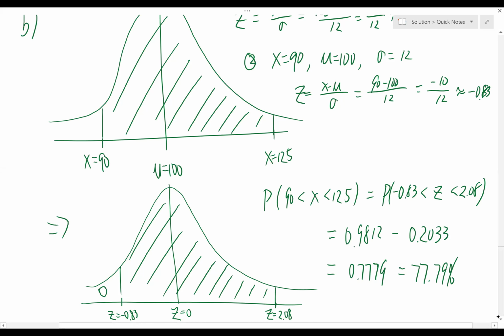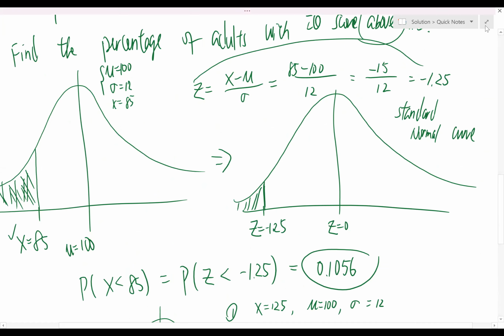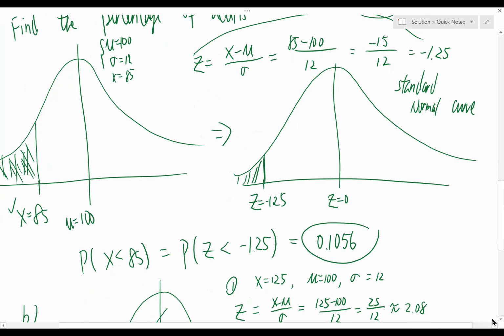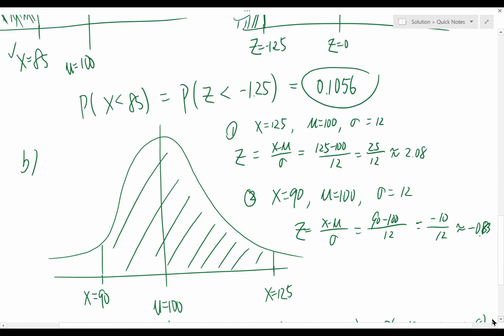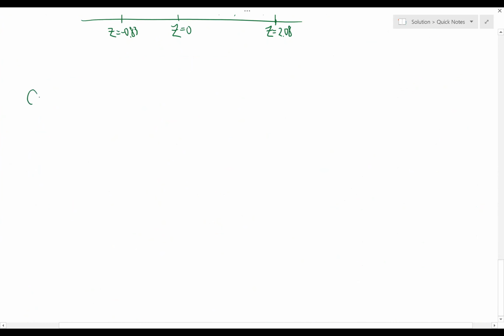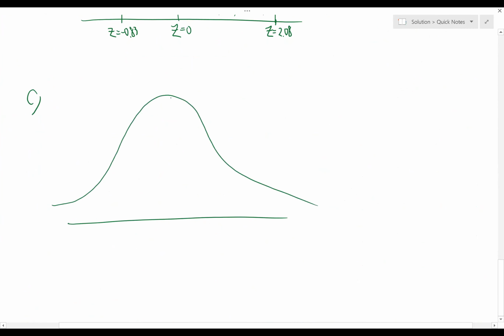Okay, and then the next one is about IQ above 115. So now you're looking for the area to the right. Let's look at it quickly. Draw the bell curve, with mean 100 in the middle. Now the IQ score is 115, and it's above 115, meaning we want the area to the right-hand side of the IQ score.